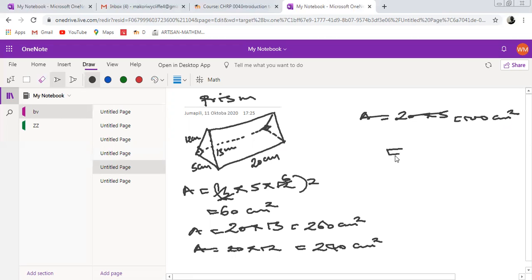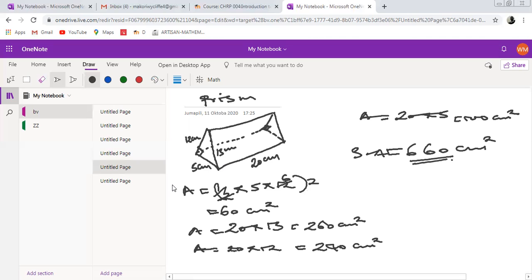So if you sum all these together, 60 plus 260 plus 240 plus 100, which gives us 660. That becomes the surface area for this particular prism.